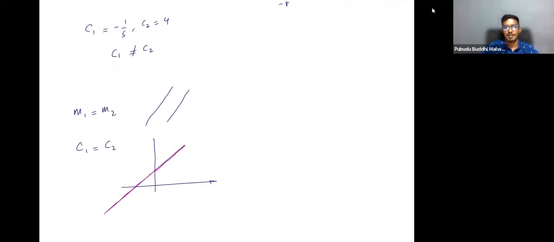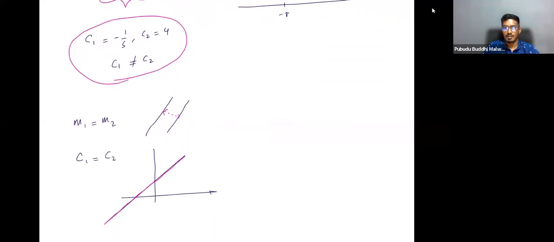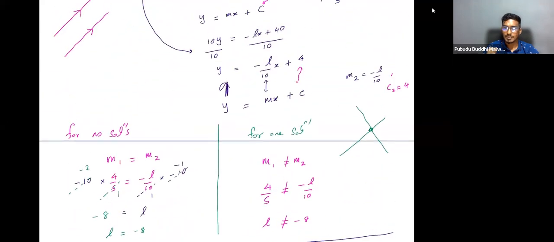Same line, right? Because y-intercepts are also equal. We can discuss that separately, but in this case, no worries, because C1 does not equal C2. Therefore, there will be a gap between these two lines because of the difference of y-intercepts.